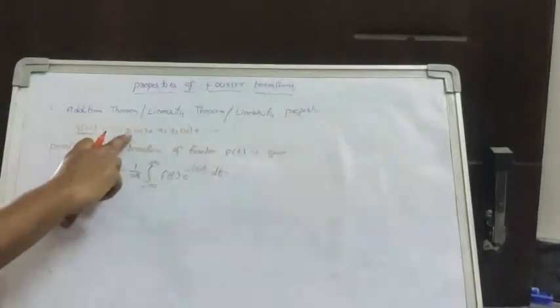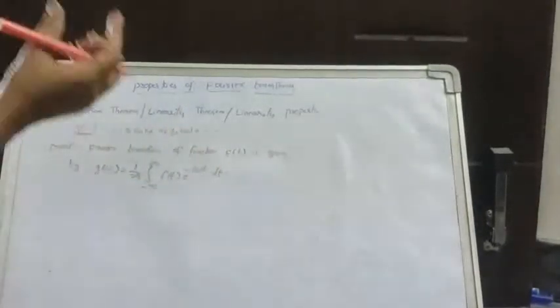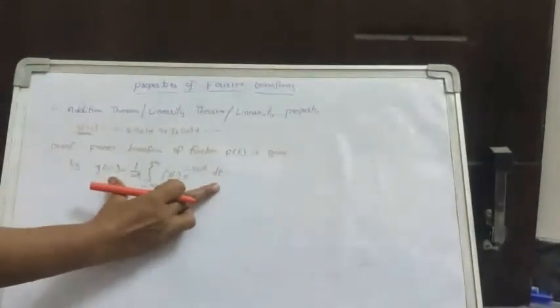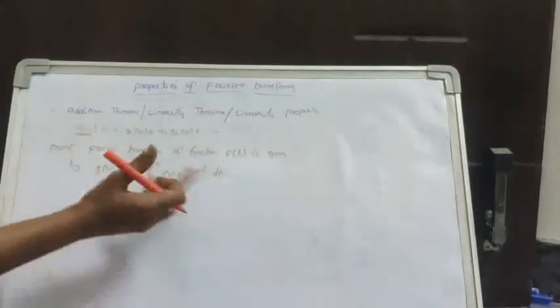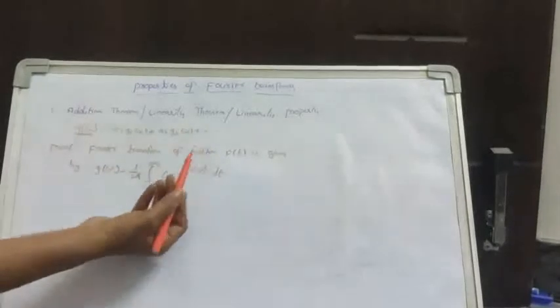Here a1, a2 are nothing but constants, and you know what g of omega is. So in place of g of omega we have g1 of omega and g2 of omega. By considering this equation, we are going to represent g1 of omega and g2 of omega.